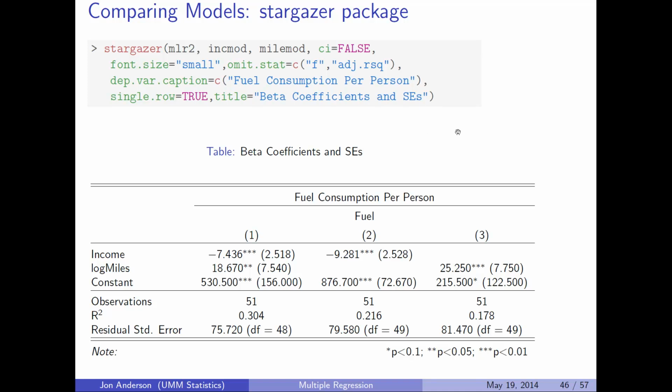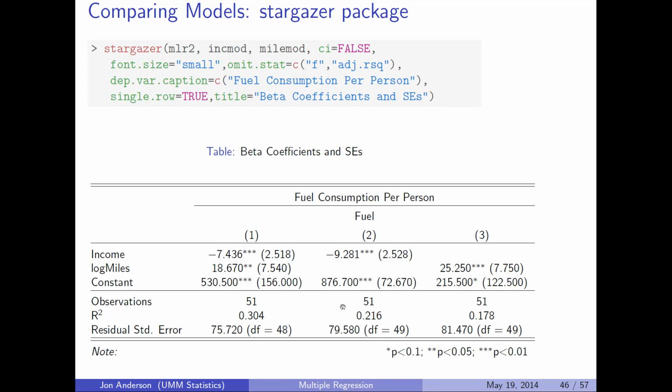And this is an important general finding for multiple regression models. When you add other predictors to the model, individual coefficients will change because of the interrelationships between income and log miles.